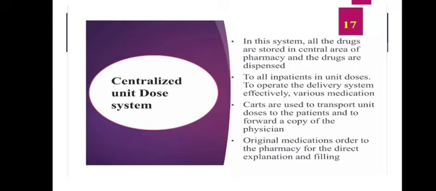To operate the delivery system effectively, various medication charts are used to transport unit dosage to the patients and to forward a copy to the physician. Original medication orders go to the pharmacy for direct explanations and filling.